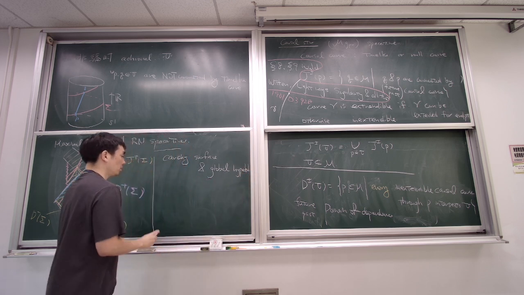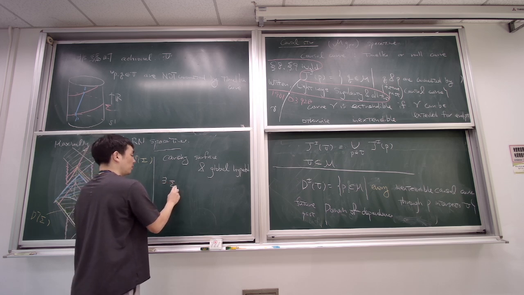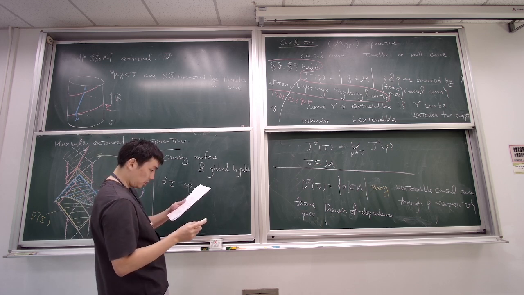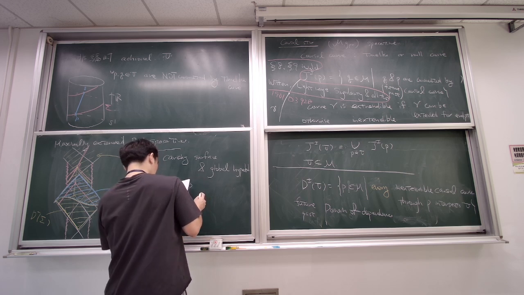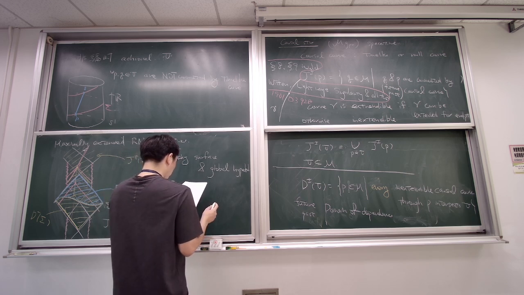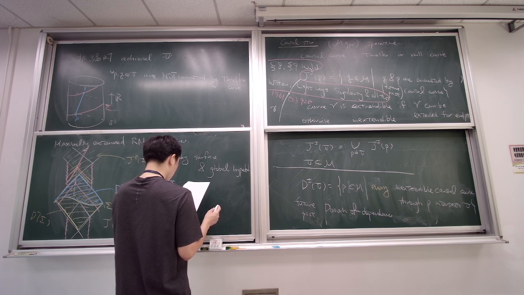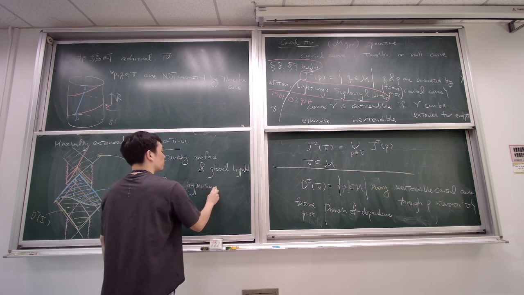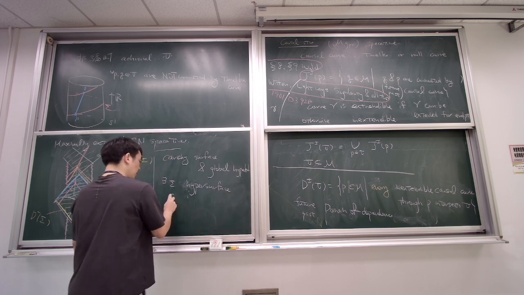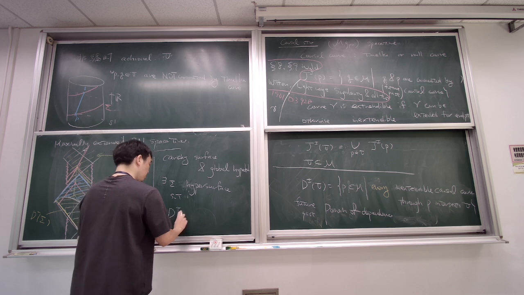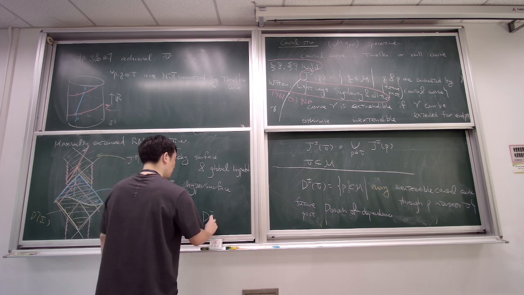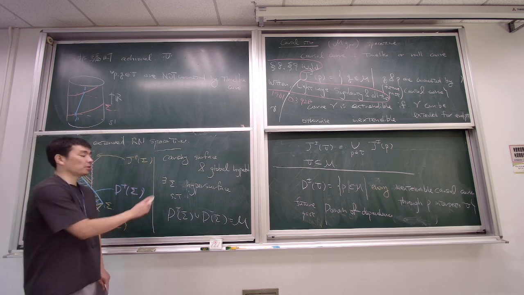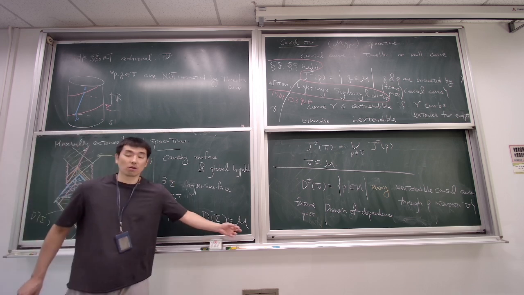If there exists a hypersurface sigma, space-like hypersurface, such that D plus of sigma and D minus of sigma is equal to the entire space-time, then sigma is called the Cauchy surface, and M is called global hyperbolic.